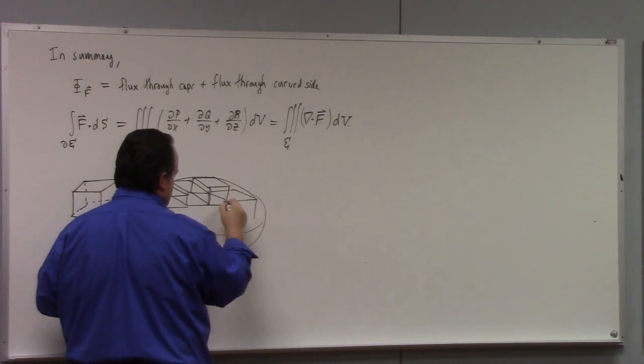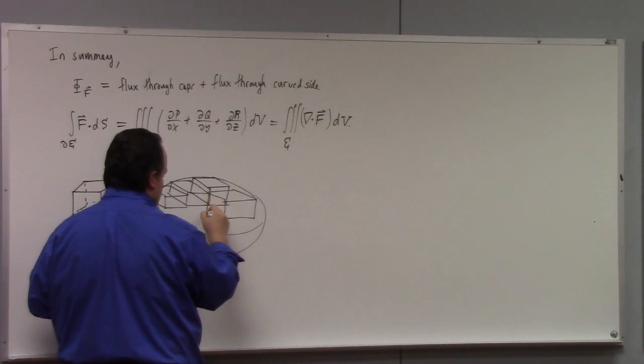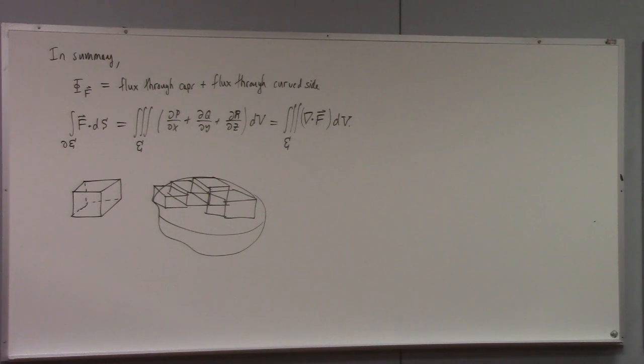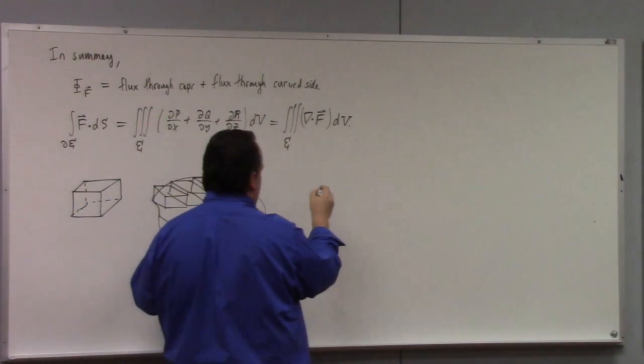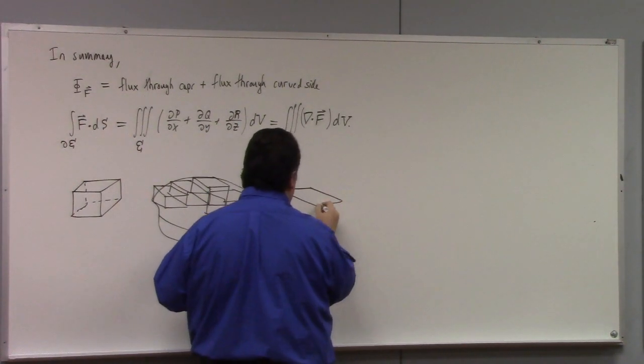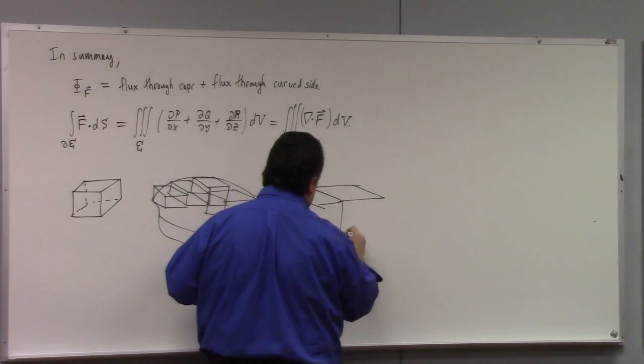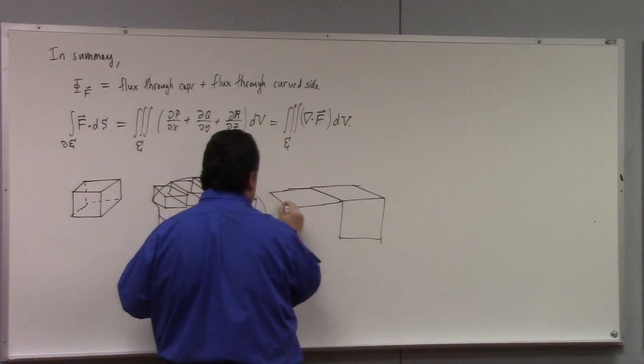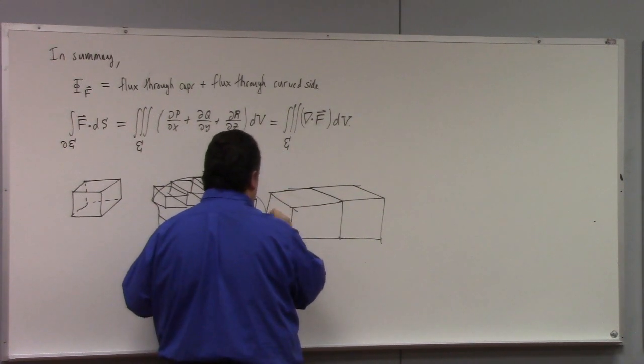But it's not hard to imagine that you could build any kind of three-dimensional thing from a sum of a bunch of little cubes put together. What happens as you apply the divergence theorem to a union of such cubes that fill out a volume? In particular, what's the deal with two cubes like here and here? They don't have to be cubes either, they could be sort of oblong.